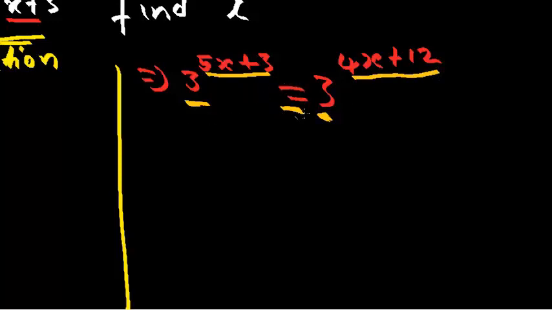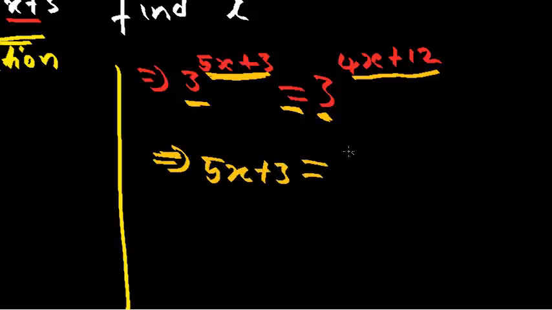In other words, it cannot be an equation if the indices of the two sides are not the same. So since the bases are the same, the indices must also be the same. That means 5x plus 3 should be the same as 4x plus 12.